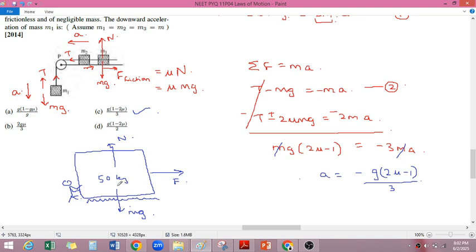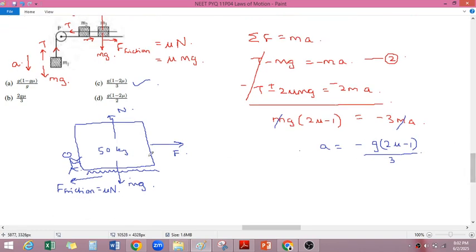Yes, so that means the friction is what is acting in the horizontal direction, F friction. So F friction is equal to mu into N. I agree that bigger the mass, the normal reaction will be higher. Do you agree? Bigger the normal reaction, the friction will also be higher. Do you agree?